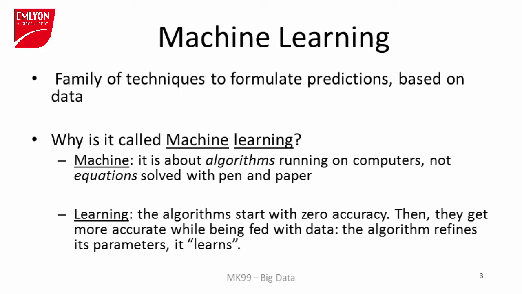So first we could define the terms. Why is it called machine learning? The first term, machine, is focusing on computers. Machine is a term to express the fact that the power of the computer is going to be used in this technique.